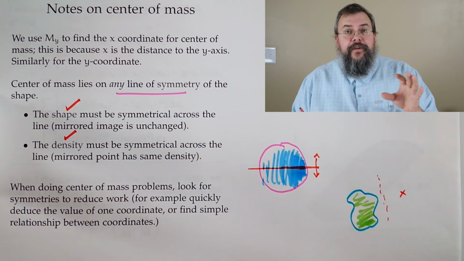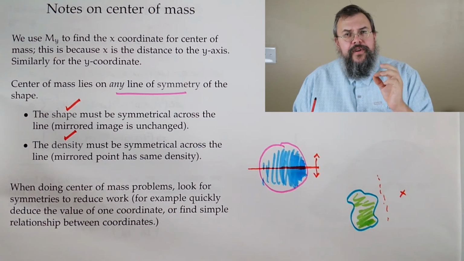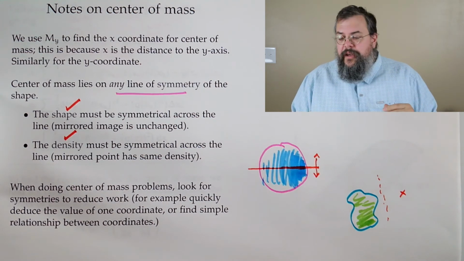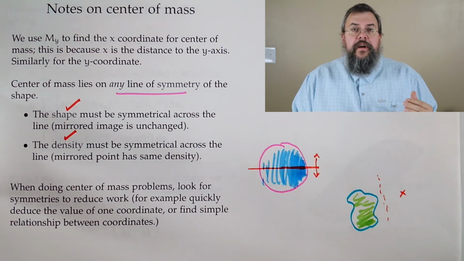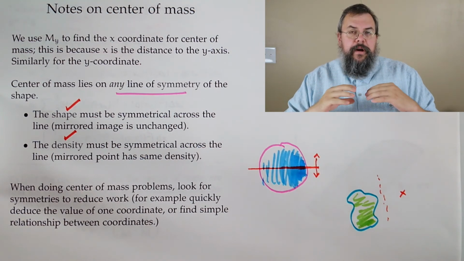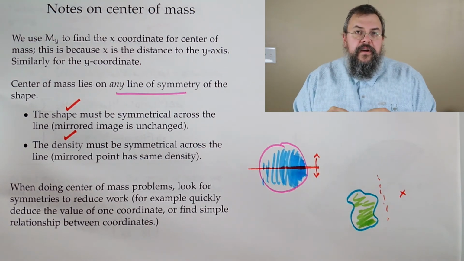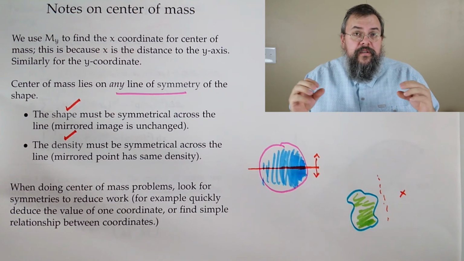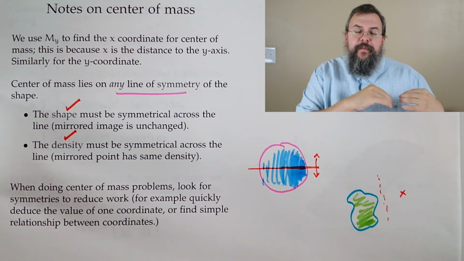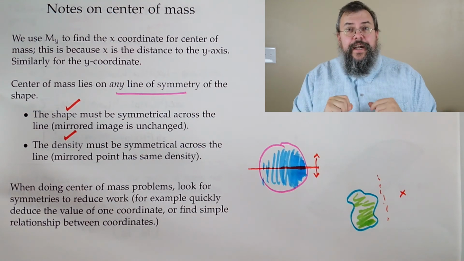So once you get an answer, you should say, okay, where is that answer? And does it make sense? Is it within the shape? And even if it's within the shape, is it where the mass seems to be at? In other words, am I leaning towards where there's more mass? If one of those things is not happening, it's outside the shape, or it's somehow heading towards where there's not very much mass, let's check our setup.